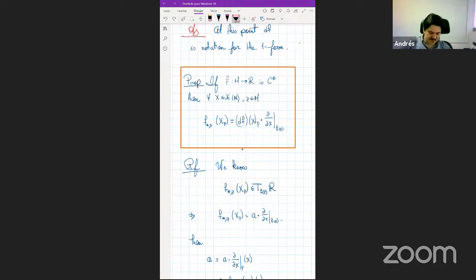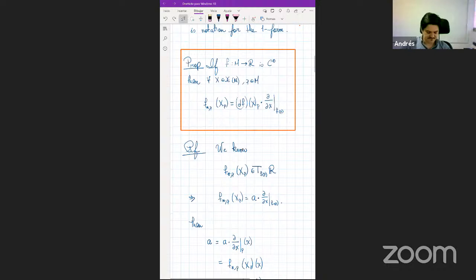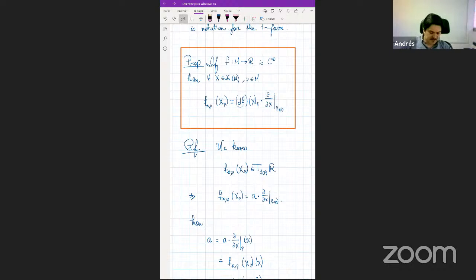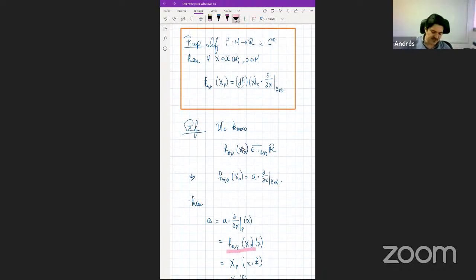Now, on the right-hand side, it is something that we learned a while ago, and let's use that definition. Okay? So we use this relation on this equality. I have to evaluate both sides of the equation on the function x, and then use the definition of this.